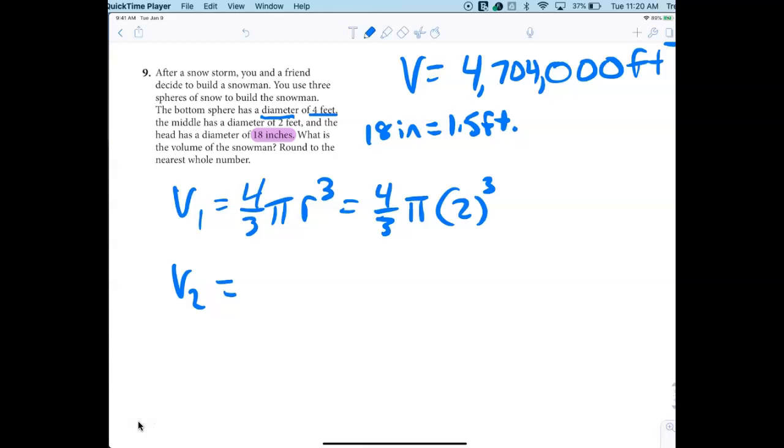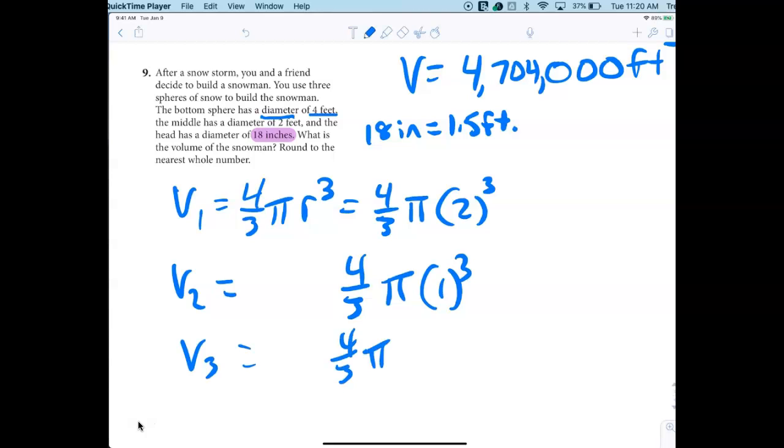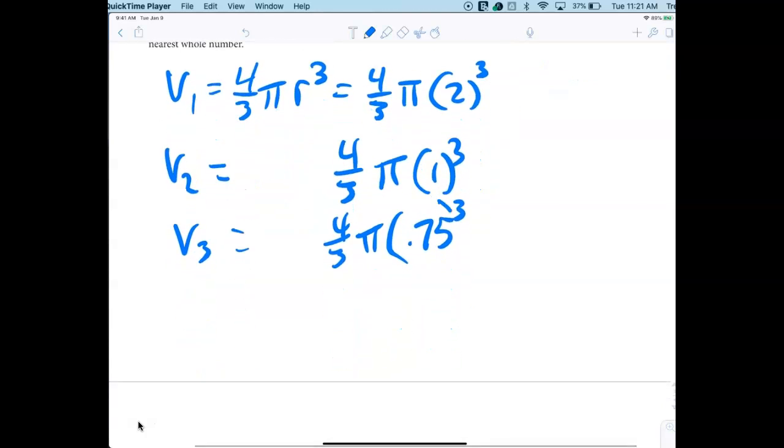Volume 2 is going to be 4/3 pi times the radius, 1 cubed. And then volume 3 is going to be 4/3 pi times the radius, 0.75 cubed. Then what do I do with all 3 of those? You add them together.